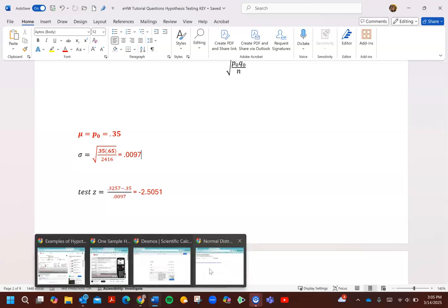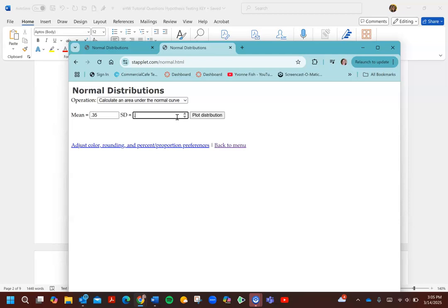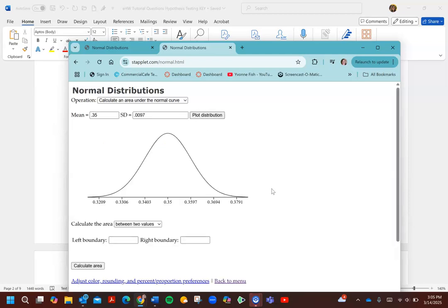So we need to have that, 0.0097. Then we do our plot distribution. If you had your standard deviation wrong, that would throw everything off. And then I want a left tail, so left of the value, and the value was 0.3257. And then I'm going to calculate area.